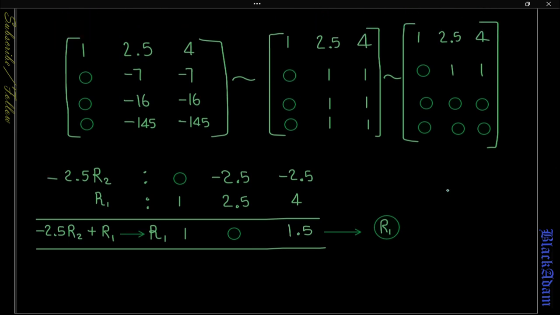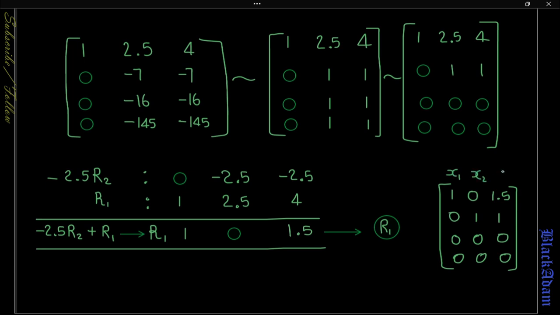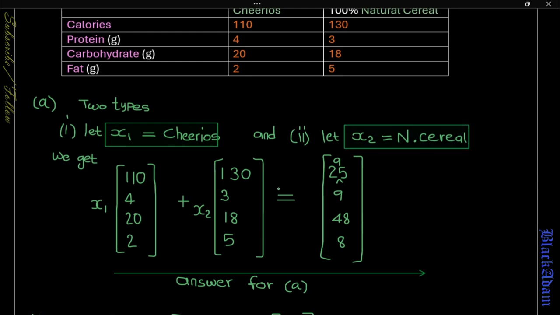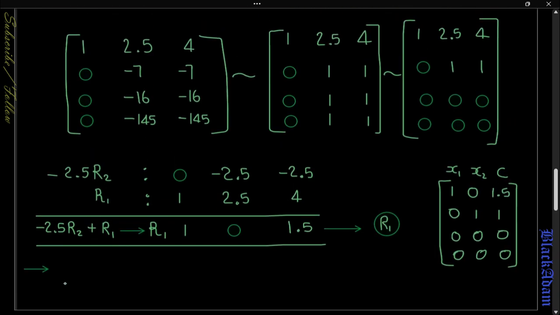So we have now 1, 0, 1.5, and then we have 0, 1, 1, and then the third row and fourth row are 0, 0, 0, and that's it. So we know that this is x1, x2, and then the constant value. X1 represents Cheerios, x2 represents North natural cereal.